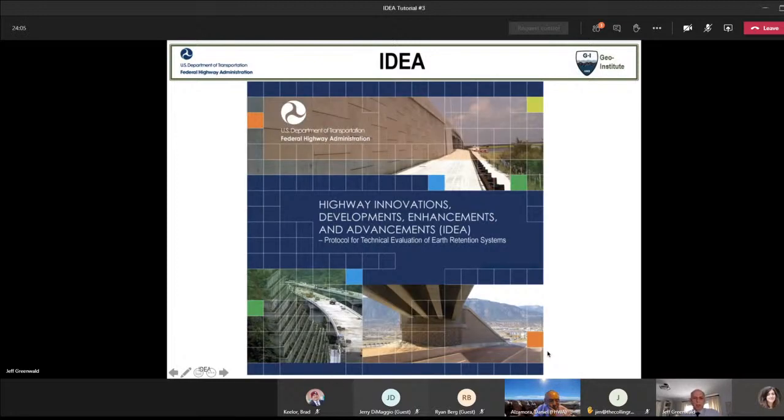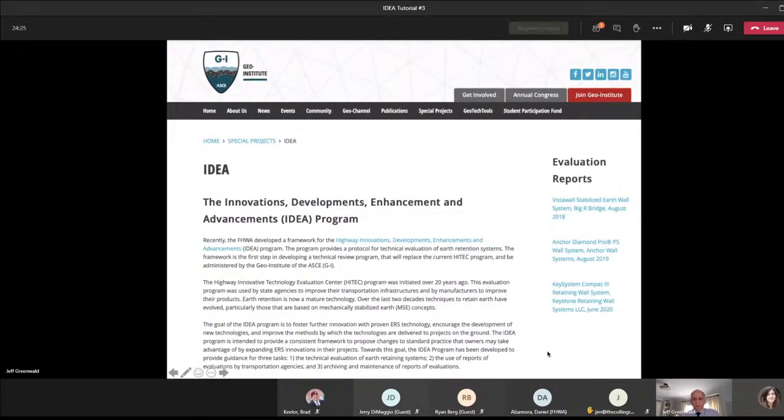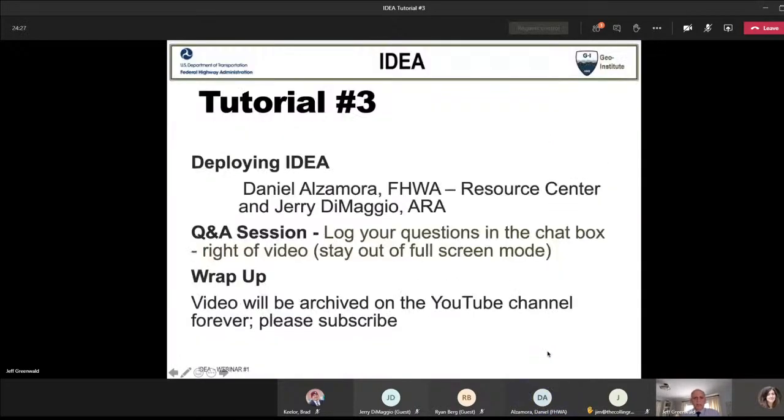All the information that we're talking about today, the protocols, some of the evaluation procedures, and any timelines that we discuss, are found in a Federal Highway document, Highway Innovation Developments, Enhancements, and Advancements, the IDEA program. You can find this document and download it from the Geo-Institute website.